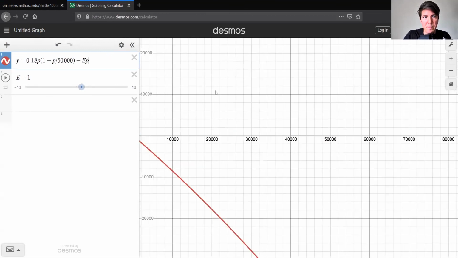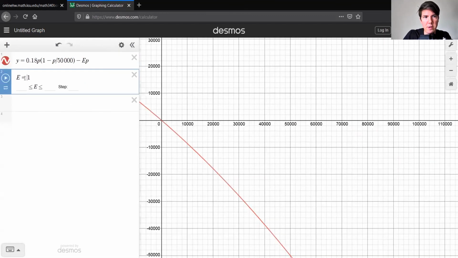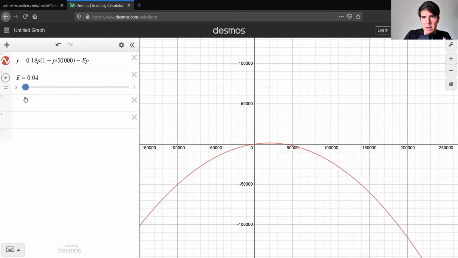And then that E should be in a range of 0 up to 1, in steps of like 0.01. And as you change that E, where's my slider now? There we go. You see you get something like this, where it sort of rotates around here.